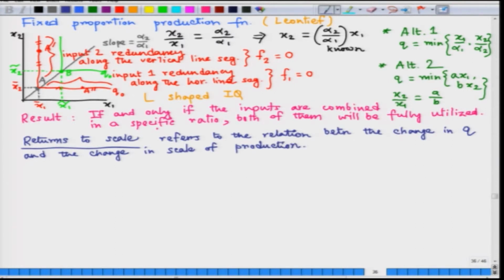Right. In simple words, it is the rate at which output changes when all inputs are changed, either increased or decreased proportionally.